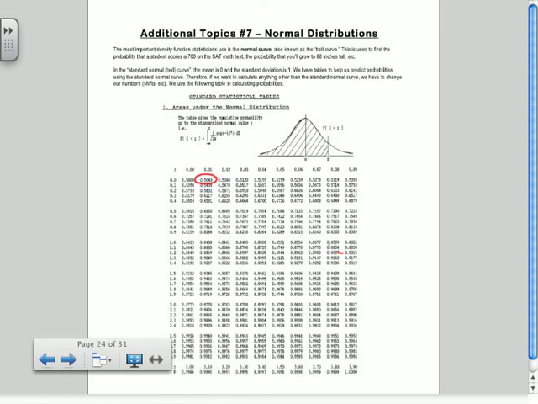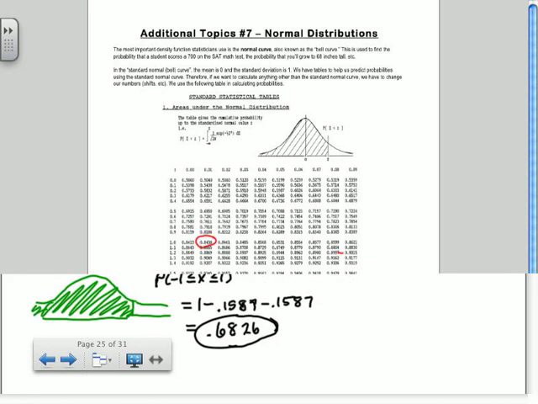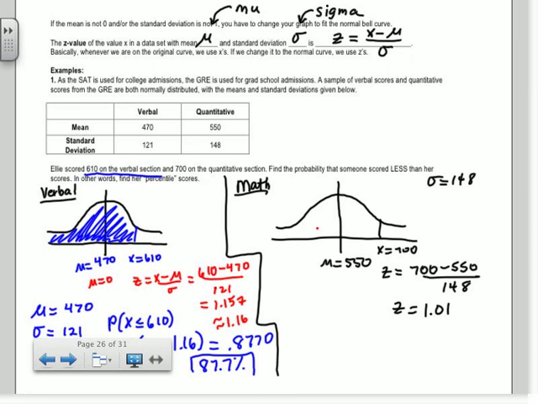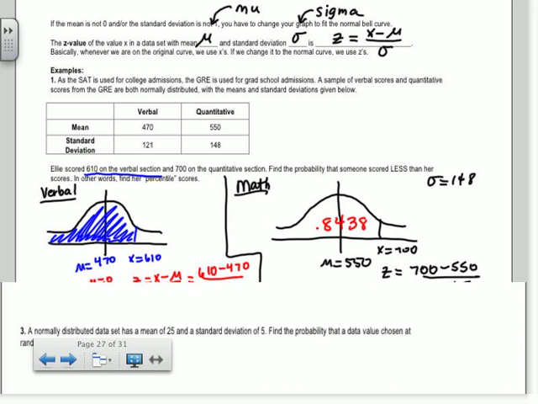Oh yeah, you're right, 1.01. So 0.8434, what's it say, 0.843? Okay, so that means that she was in the 84.4th percentile. Good.